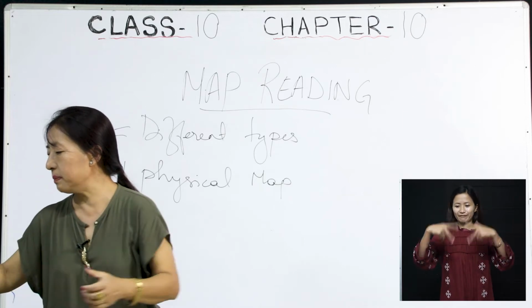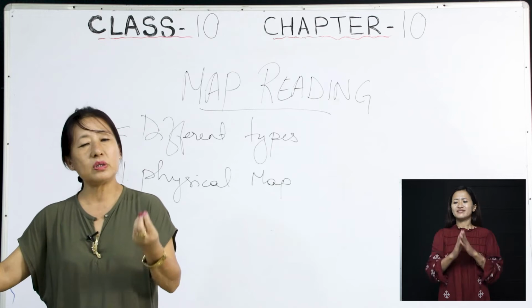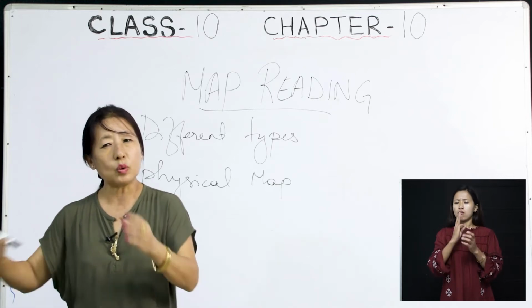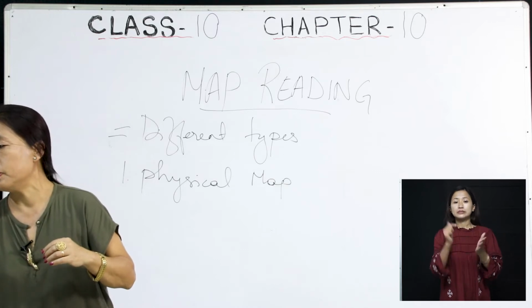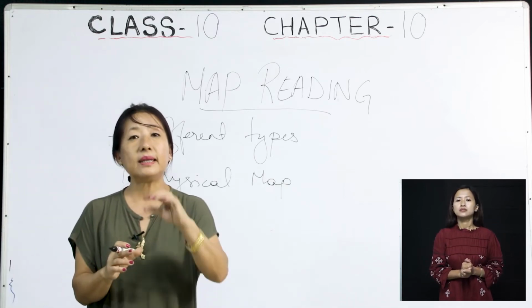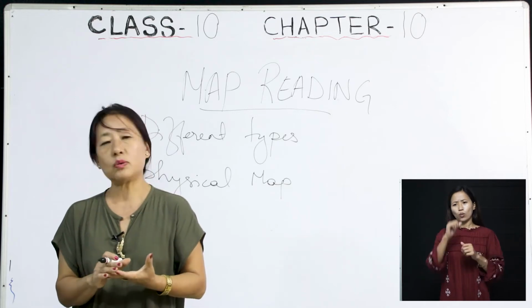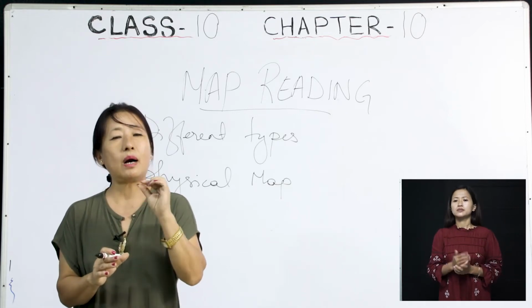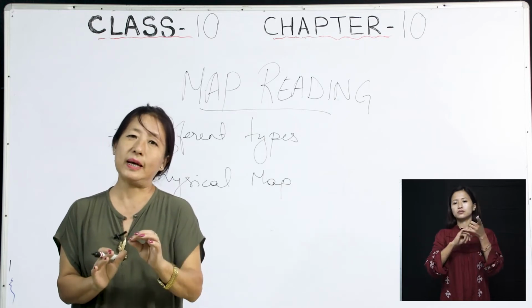Physical means we are talking about the mountains, the peaks, the rivers, the oceans, and so on. Those maps which indicate the mountains, or the seas, the oceans, and so on, are called the physical map. I hope that's clear.